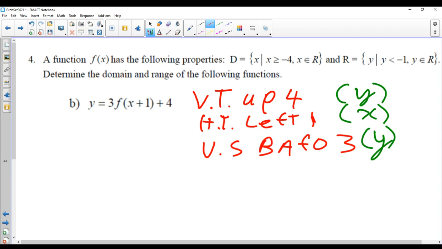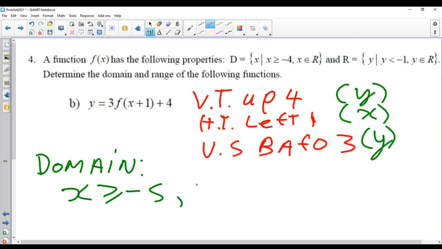How is that going to be affected? Okay, give me the new domain then. Negative 5. So x is still greater than or equal to. So domain is now x is greater than or equal to minus 5. Yes, before it's pointed out, all real numbers. Are we good? Okay. The range.